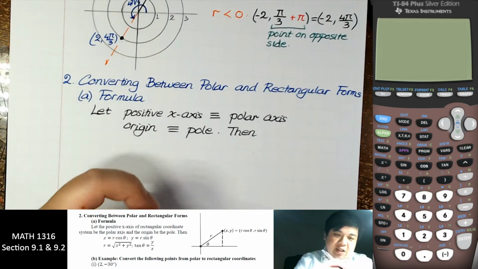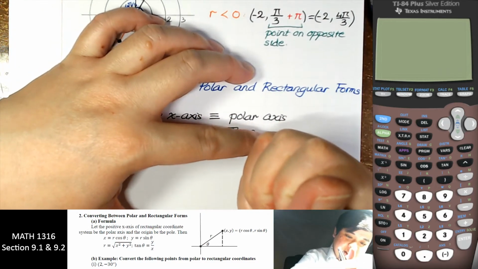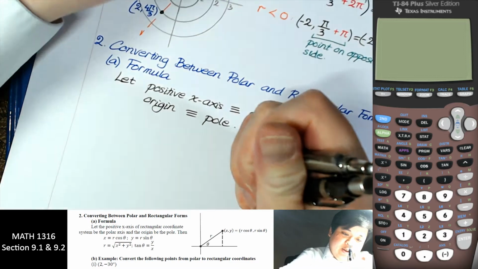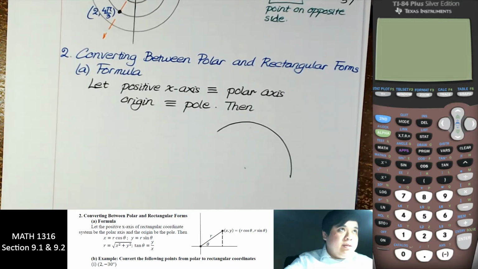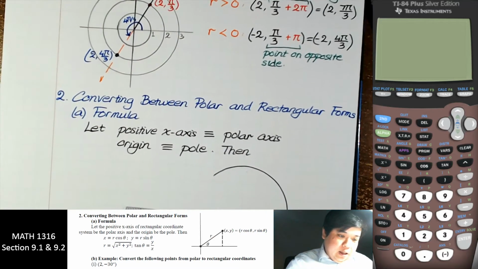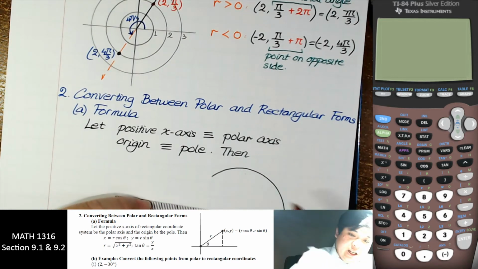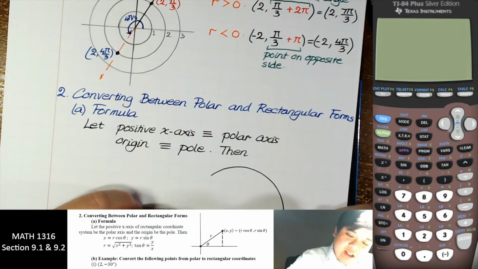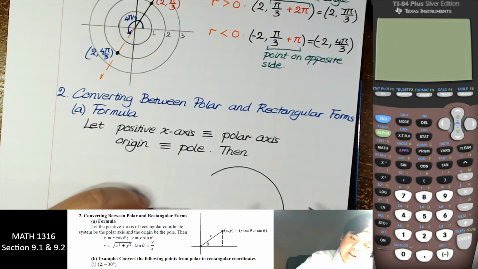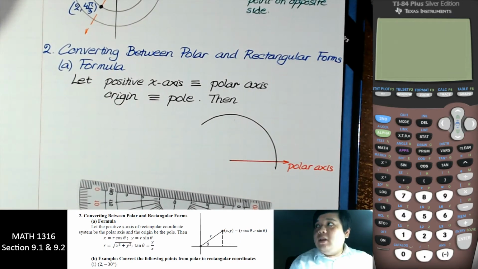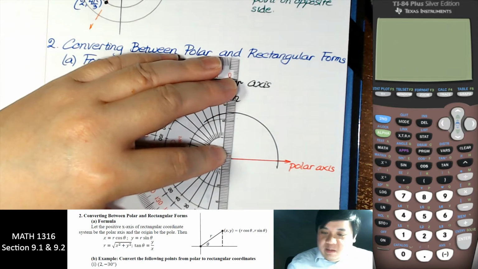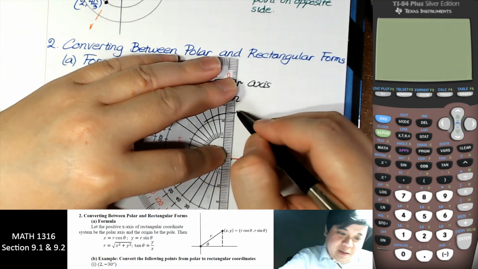Right, first, just one portion of a circle. So first, the polar axis is the same as the positive x-axis. So this is the polar axis, or also the positive x-axis. And then the other one, we don't have any particular name for it.